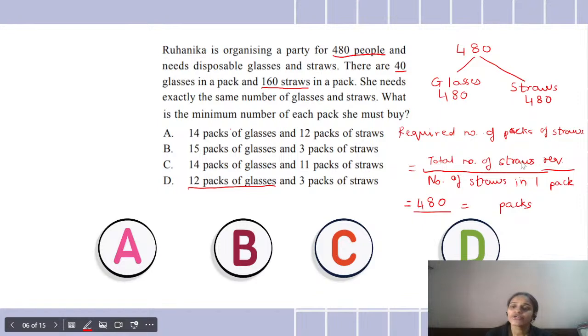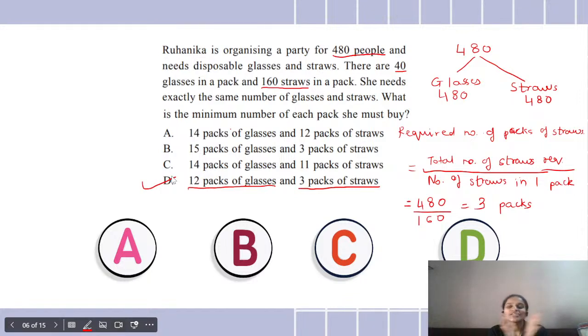Okay, so again total number of straws required is 480 and in one packet there are 160 straws. So when I divide them I get 3 packs of straws. Yes, so my 3 packs of straws are over here and the option D is absolutely right.